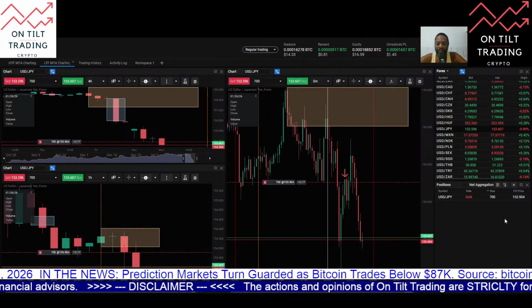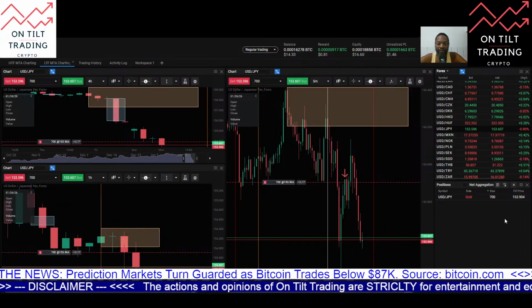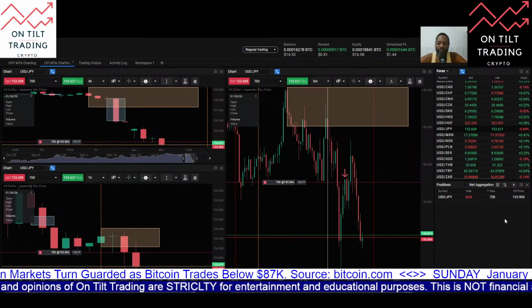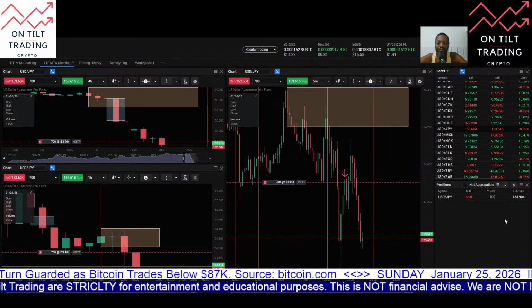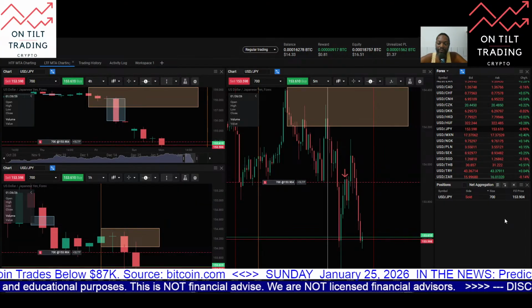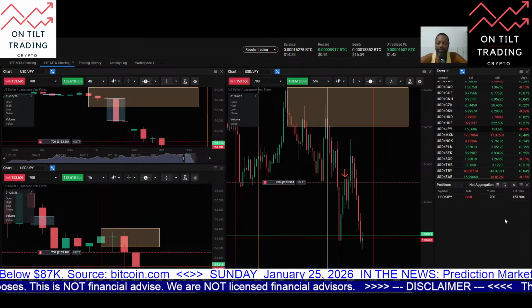Price consolidating in here between the 153,600 and 153,550 levels. Now price trading 153,600.